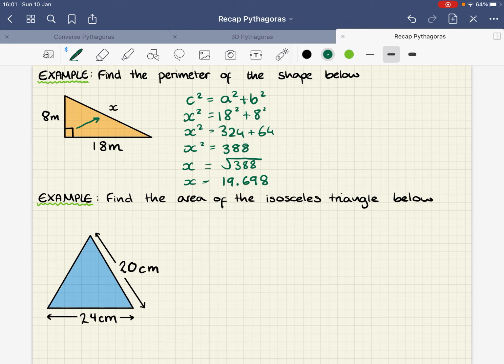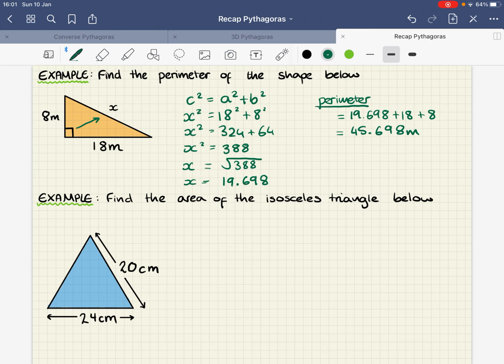So my perimeter, I want to add it all up. So I'm doing that: 19.698 plus 18 plus 8. And so my final answer is going to be 45.698. That'll be in meters.